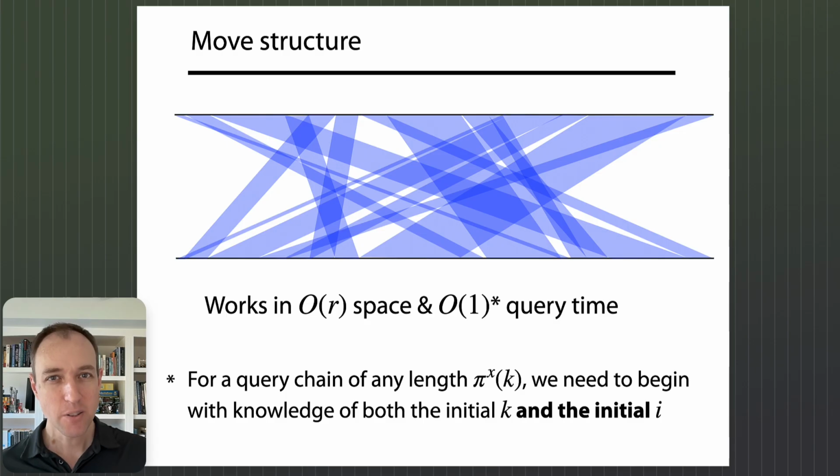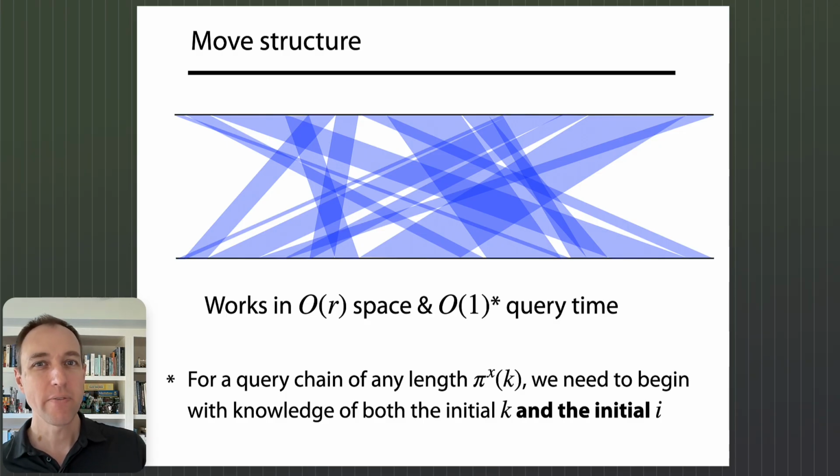However, it also means that in order to do the very first one in that chain, we needed to know k and i at the beginning. And this is not the same as the r-index LF mapping query, for example. The way we typically do LF mapping queries, we don't need to know two things. We just need to know one thing: the offset where we're starting, and the LF mapping will tell us the offset where we map.